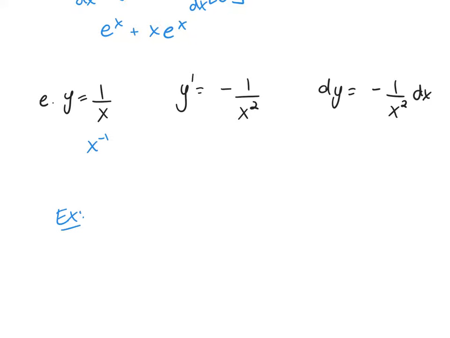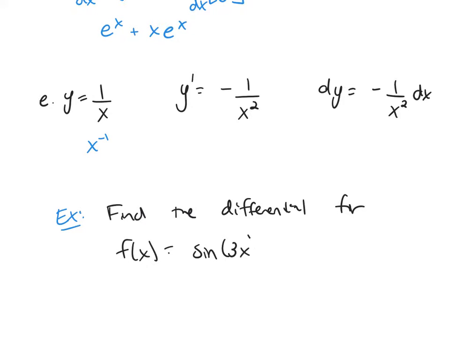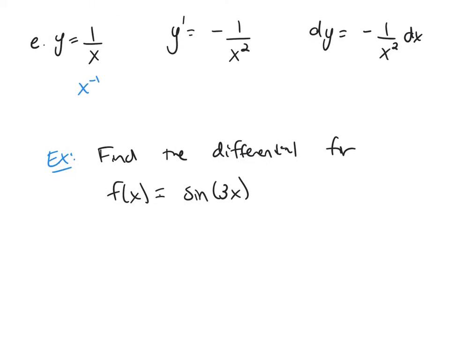Let's find the differential for the function sine of 3x. So you're going to first find the derivative, f prime of x, and here you have to do the chain rule. So the derivative of the outside sine is cosine.